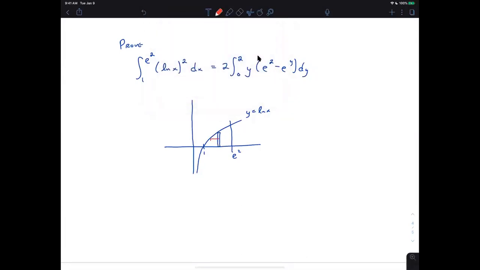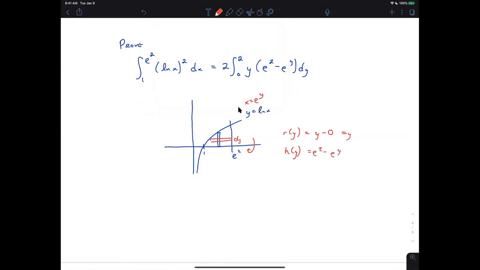And so if I set up a dy rectangle, we have to solve this for x. Well, it's x equals e to the y if you solve that. So if I revolve again around the x-axis, r of y is y minus 0, which is y. H of y is right x minus left x, which is e squared minus e to the y.